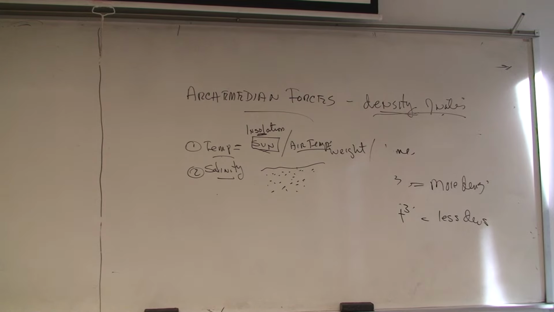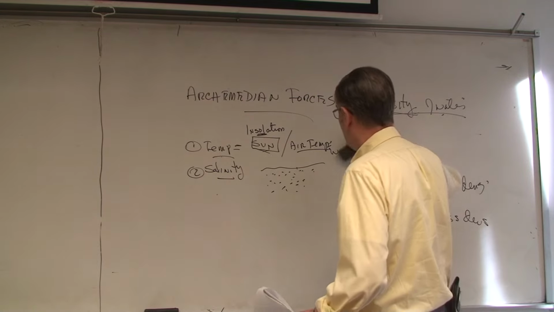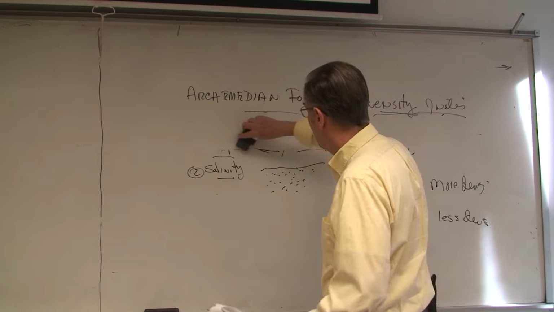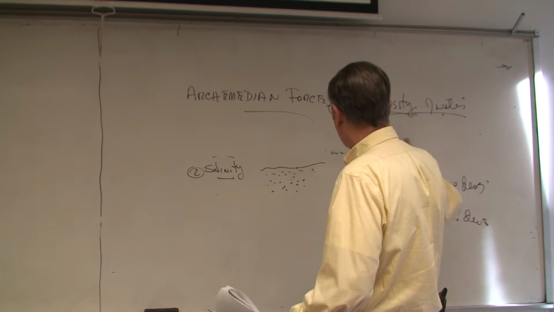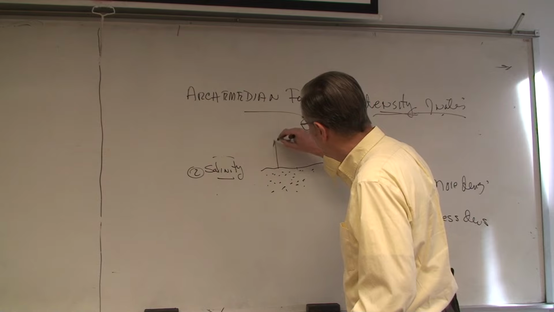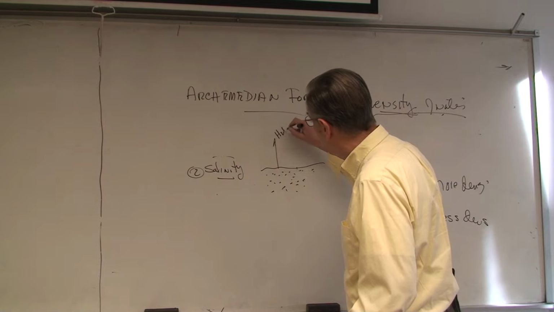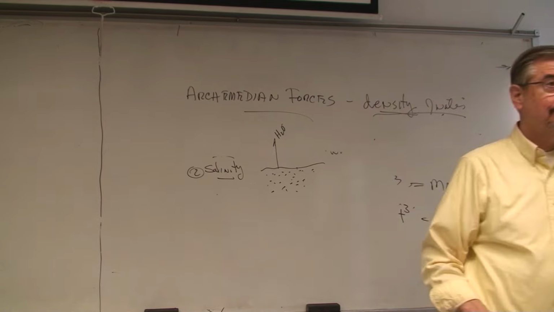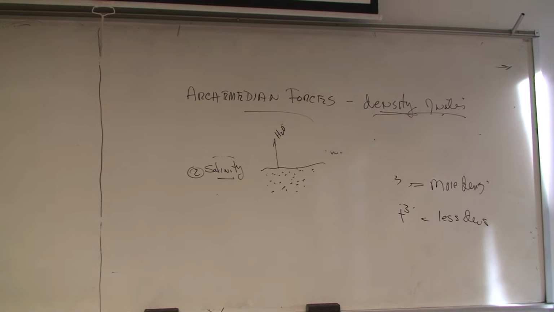So, let's suppose we had a body of water in a very warm climate, and water evaporates. The water is evaporating, but the salt is staying behind.